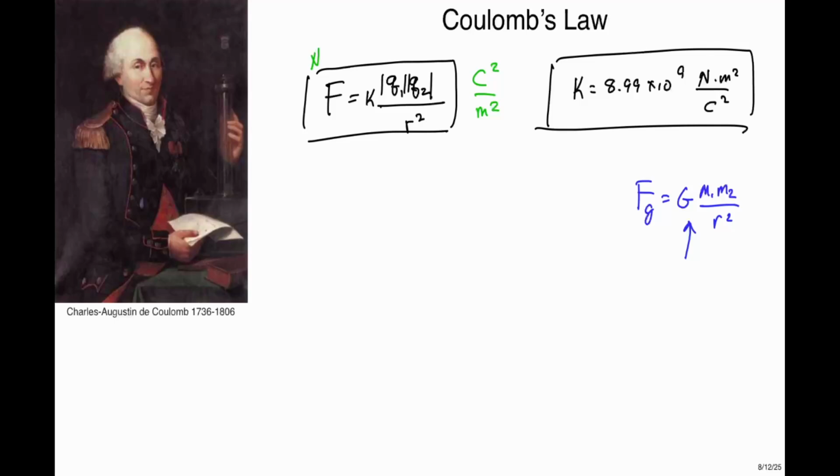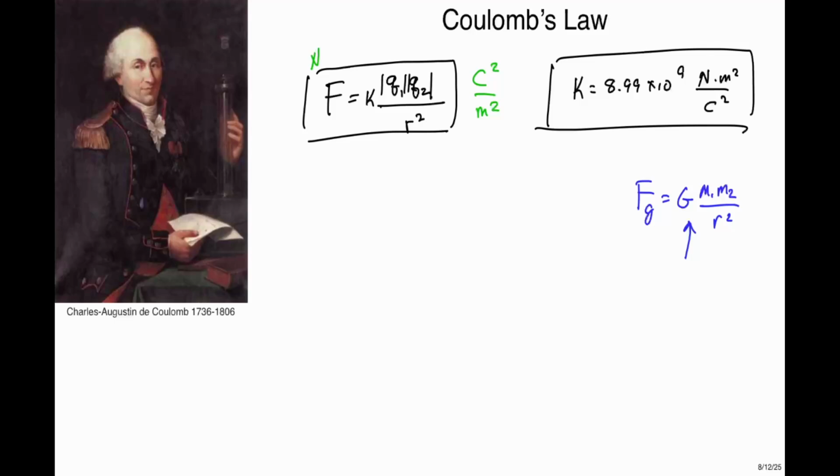But does anybody remember what the value was for big G? Maybe not even the actual number, but was it a big number? Was it a small number? Big G is not named correctly, right? Because we have little g and we have big G, but it turned out that big G was a really tiny number.